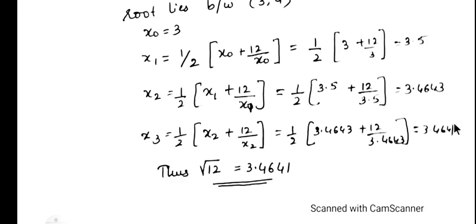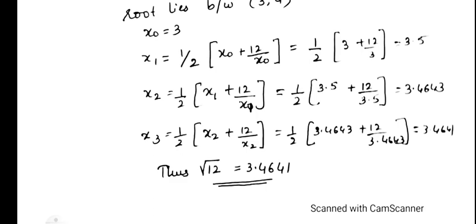Now the question comes, till what? If they have not mentioned in the question till what iteration we have to continue, then after the decimal point at least 3 digits must come the same, then you stop the iteration. If they have mentioned in the question itself, do 3 iterations or do 4 iterations, then do that much only.